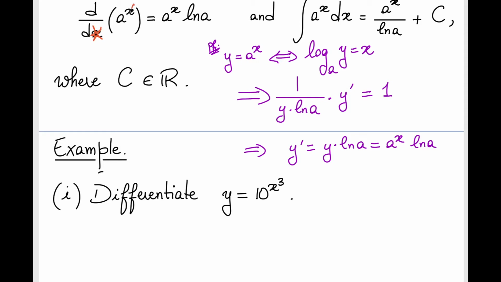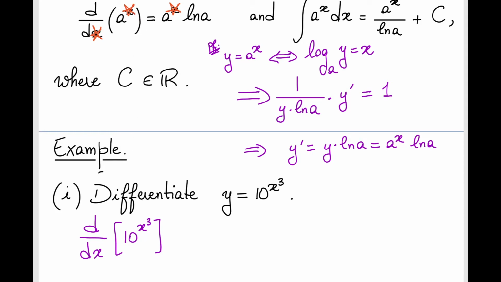I'm going to go back to my star thing and let's use it. Differentiate with respect to x, that guy, 10^(x cubed). x is not the star here. This is a function of the star.